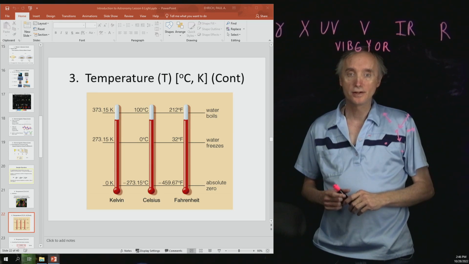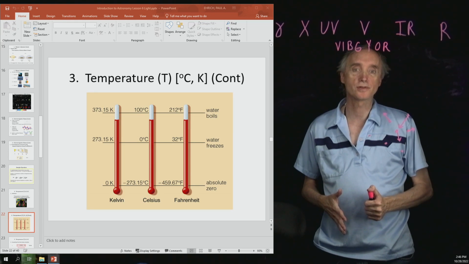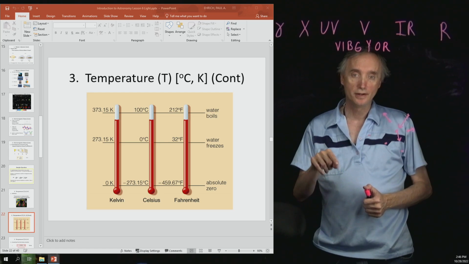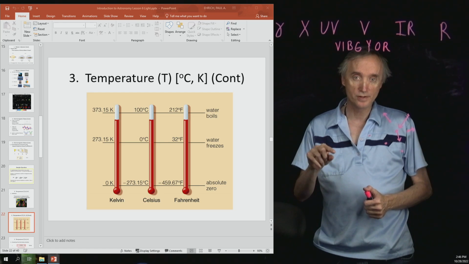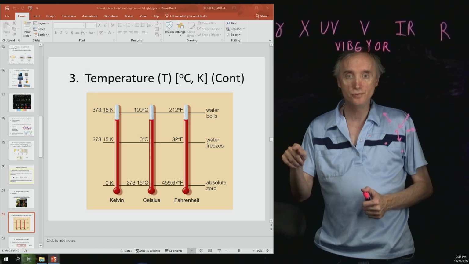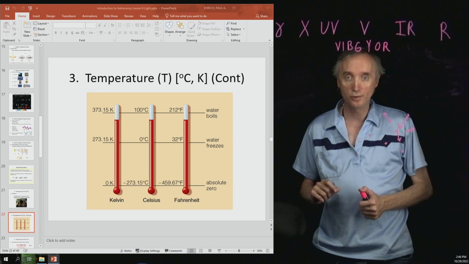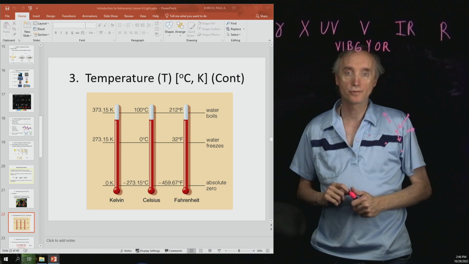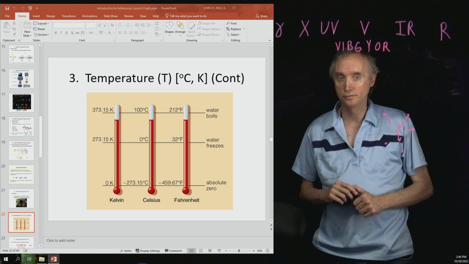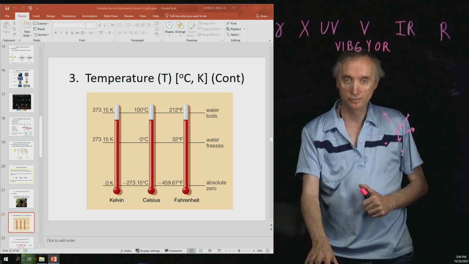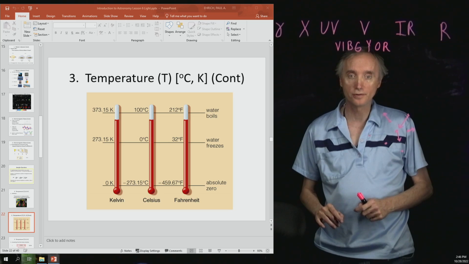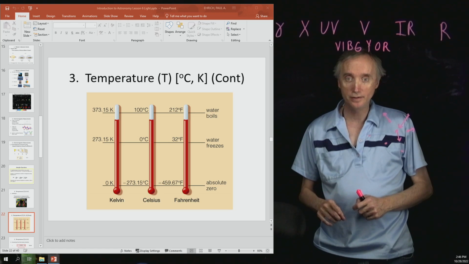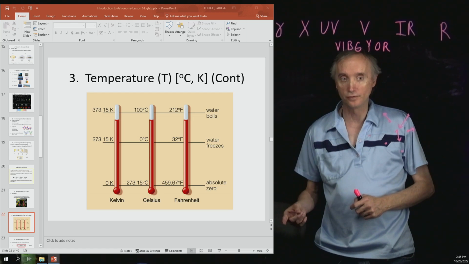And then they're still kind of using the metric system because you notice that 0 degrees Celsius now becomes 273.15 Kelvin, and that 100 now becomes 373.15 Kelvin.